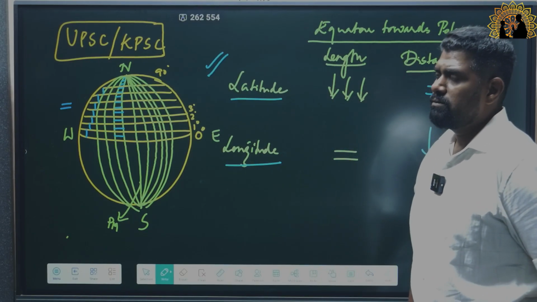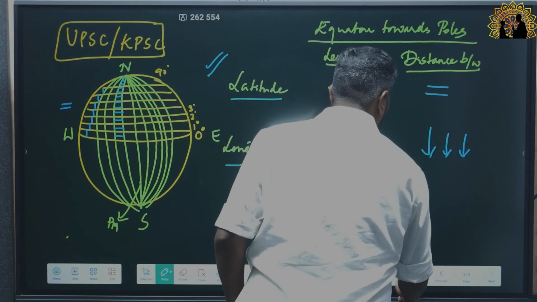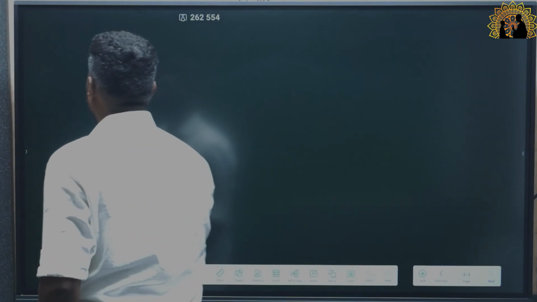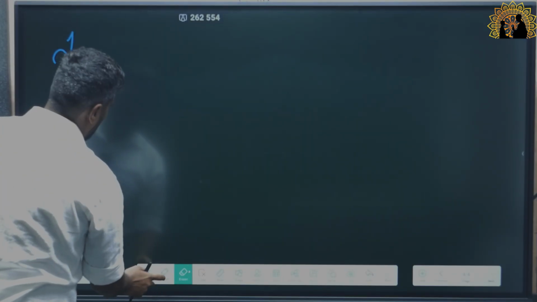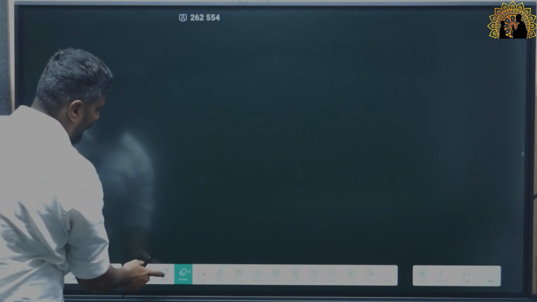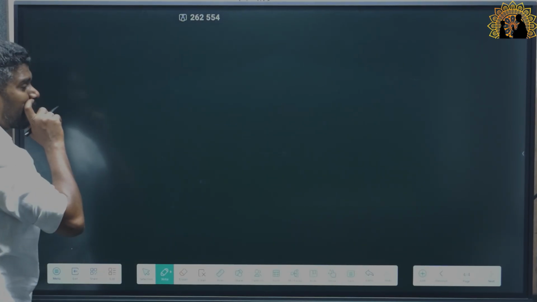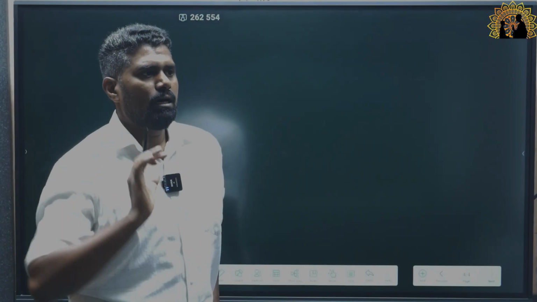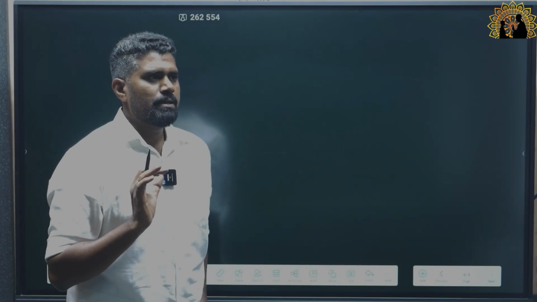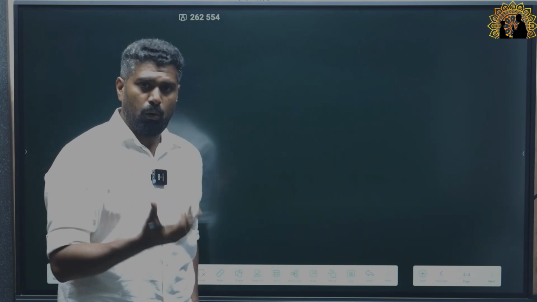When we are talking about latitudes and longitudes, there are a lot of important latitudes that we have to keep in mind, because they are the major ones where the motions of the Earth are expressed.